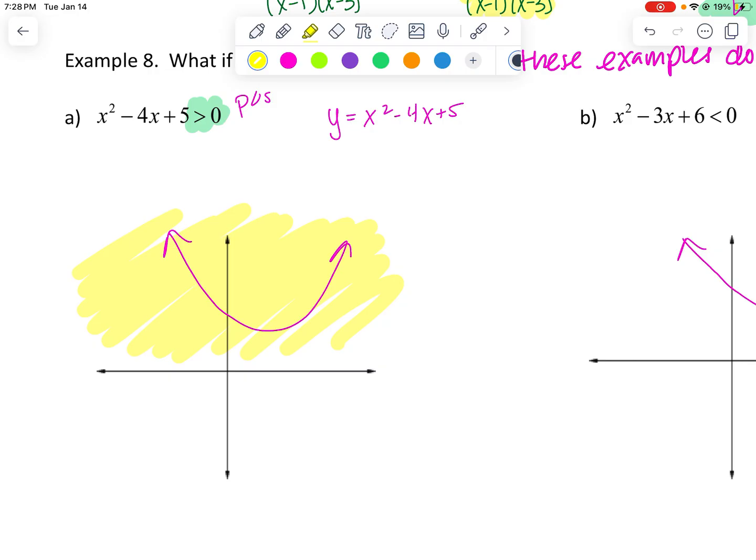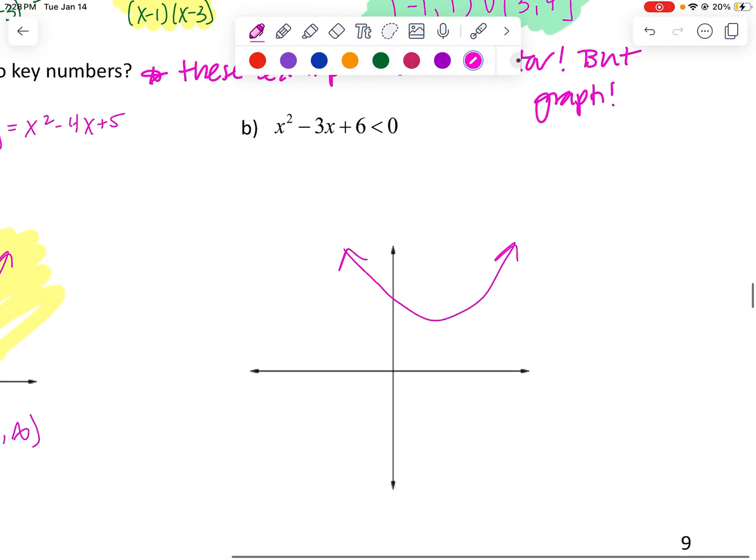And since the graph is in this positive formation, I could say that this one is all real numbers. If the y values are positive and we're looking for positive values, then the answer is all real numbers.